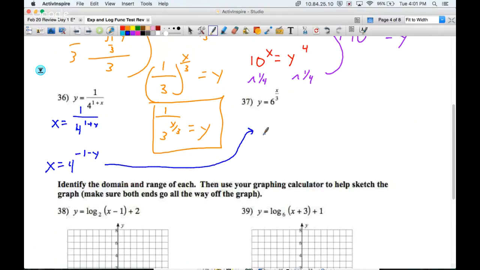Log base 4 of x equals negative 1 minus y. Add 1, divide both sides by negative 1. And we get negative log base 4 of x minus 1.